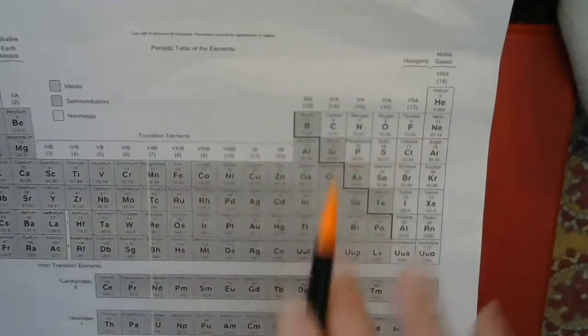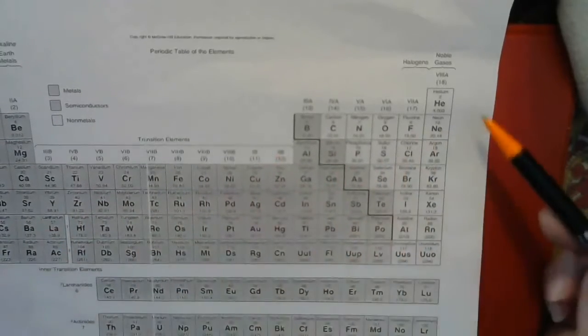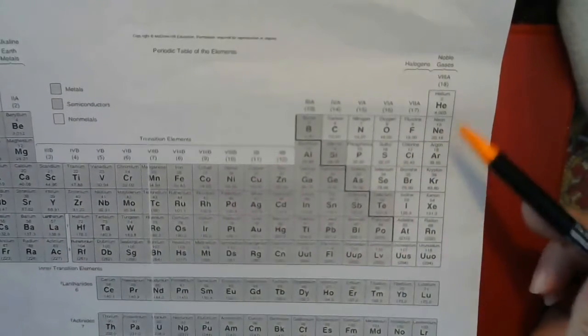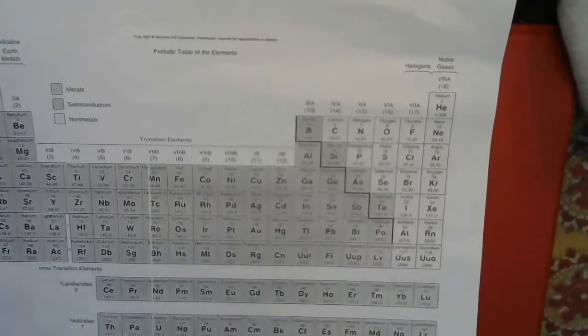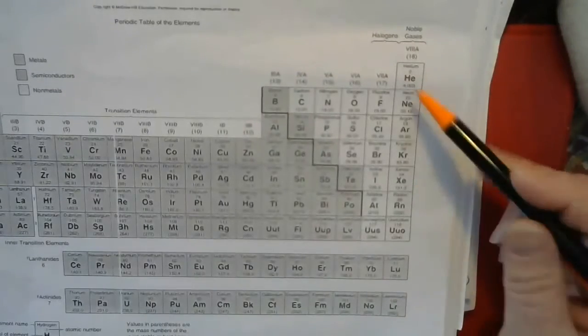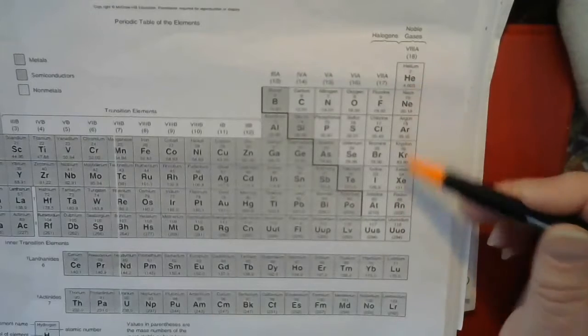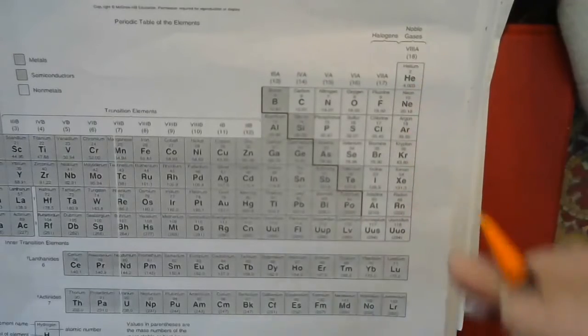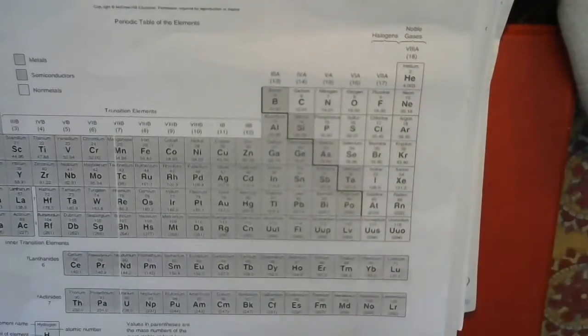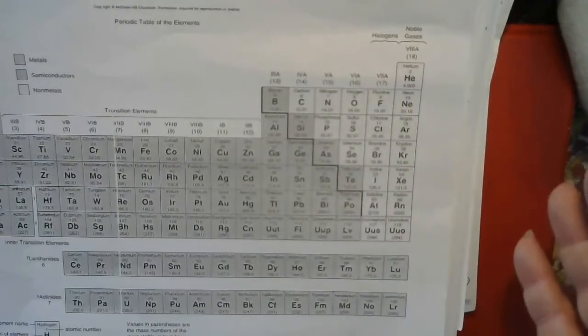Notice how each time we form an ion, we end up with the same number of electrons as one of the noble gases. And there is a reason for that. That's because the noble gases, as I mentioned before, are very stable, very low in energy, and nature generally favors greater stability or lower energy.